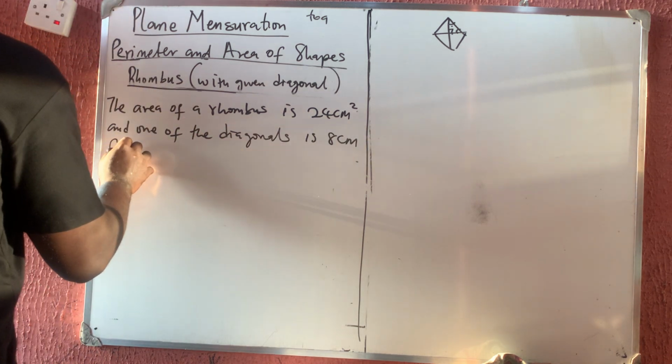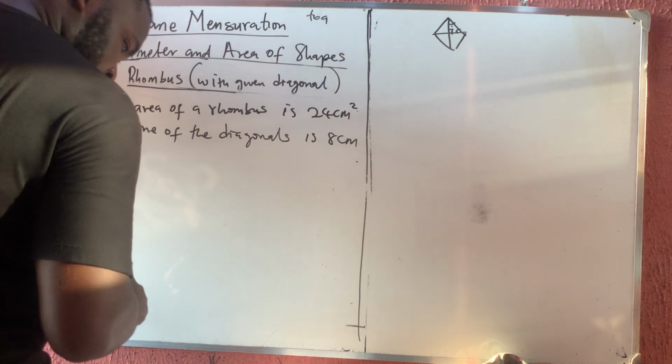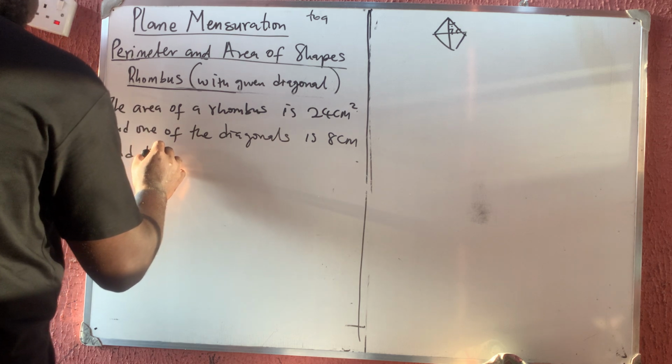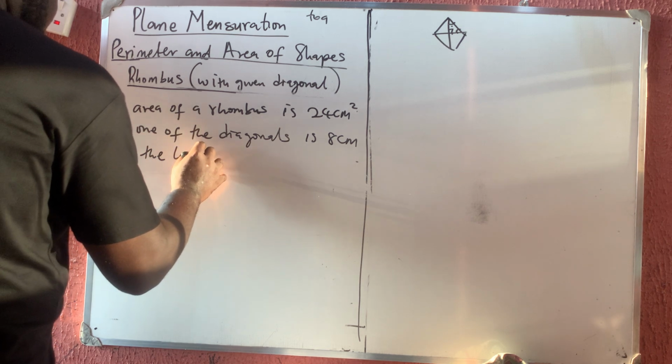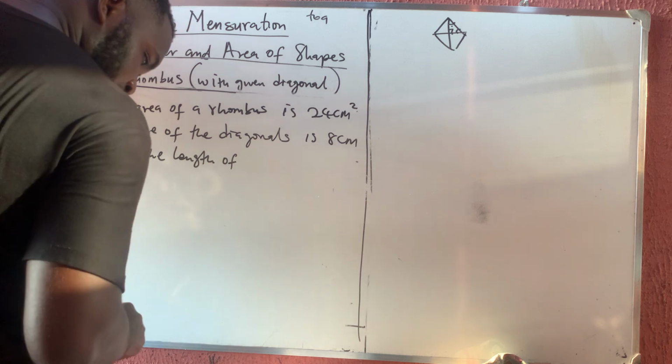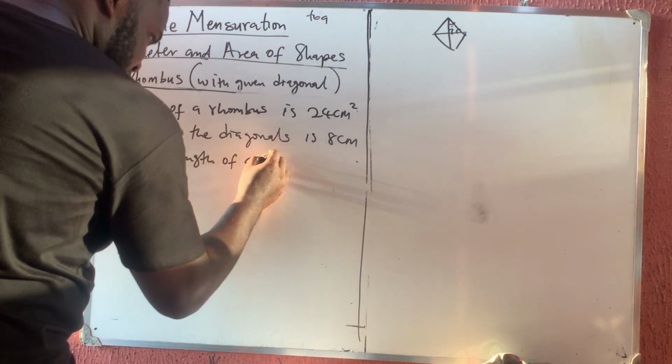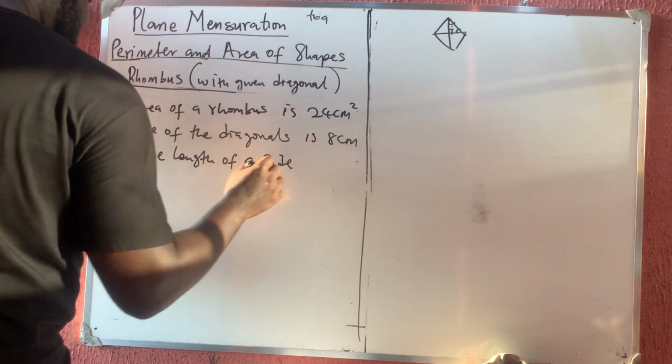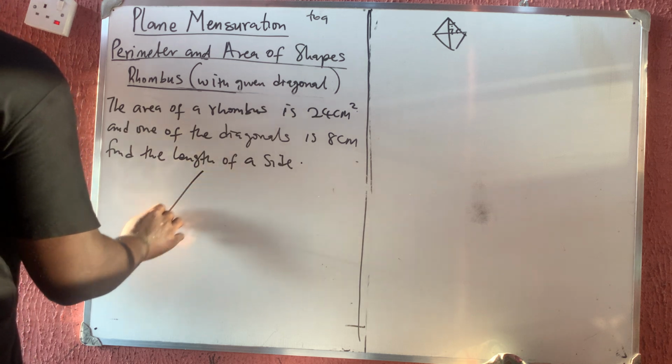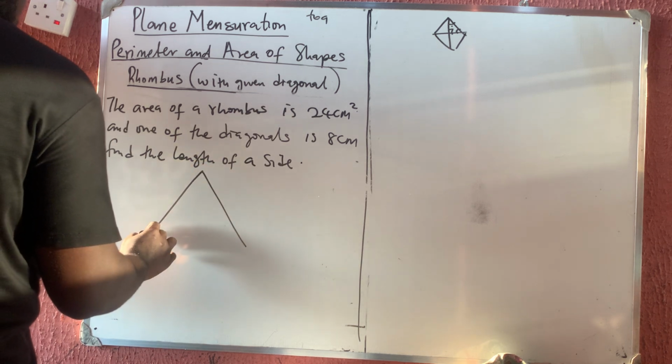Then they say we should find the length of a side. Okay, solution, drawing it will help us to know what to do.